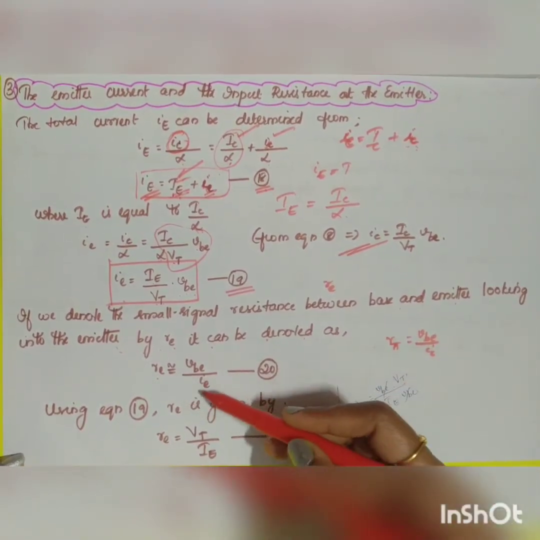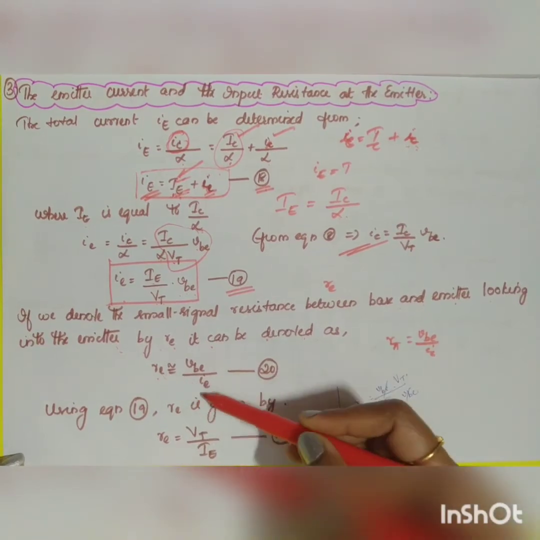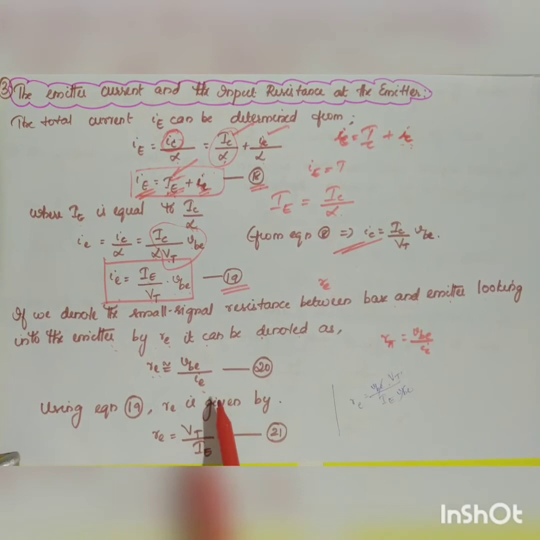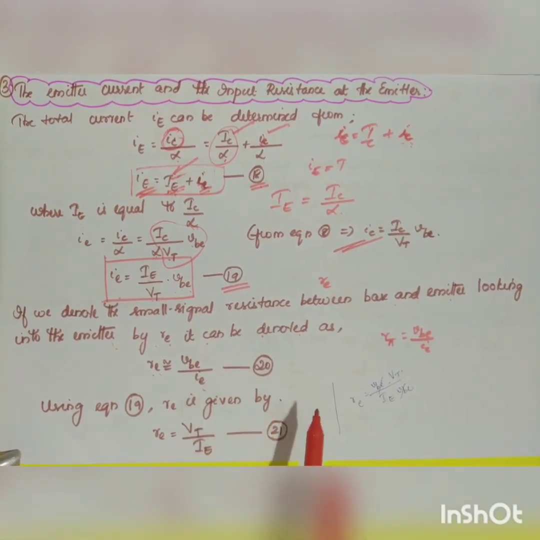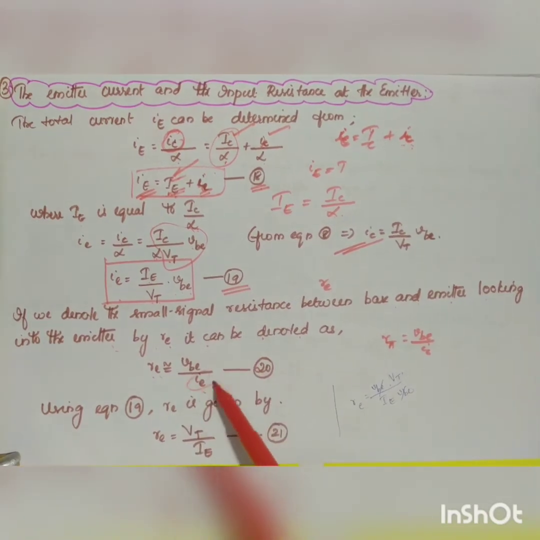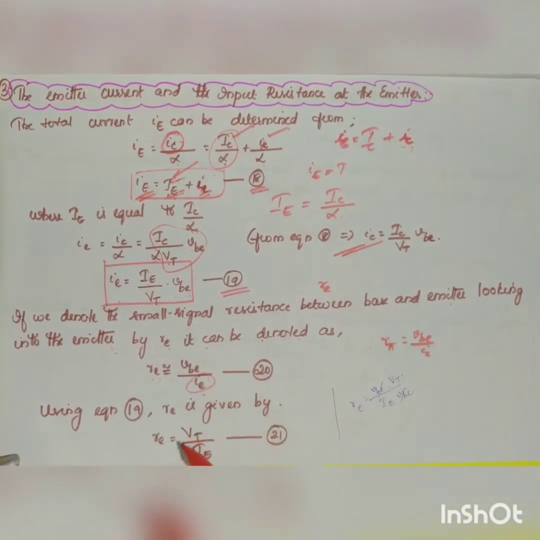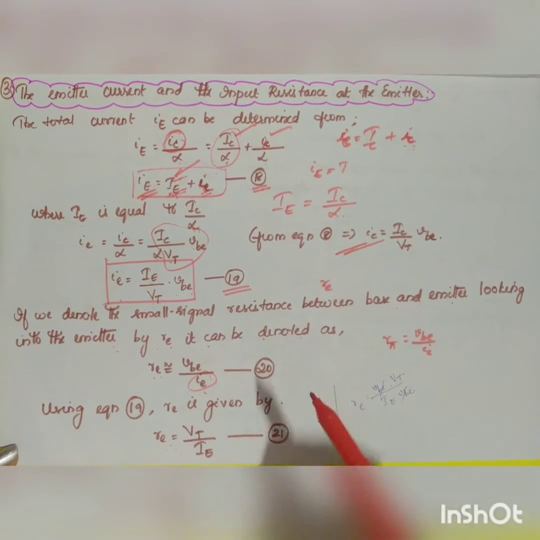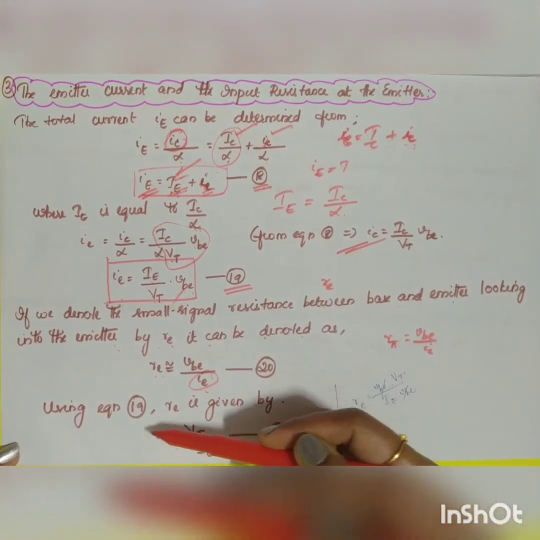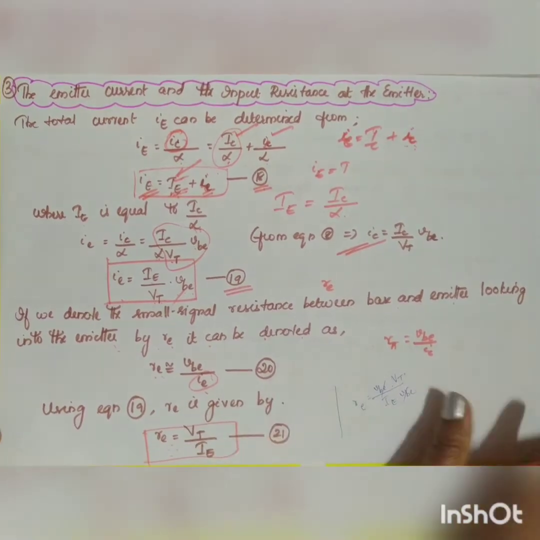Similarly, re will be equal to vbe divided by ie, only the current value changes. From equation 19, you know what is ie, so substitute the value. vbe will get cancelled, so re will be equal to VT divided by IE.